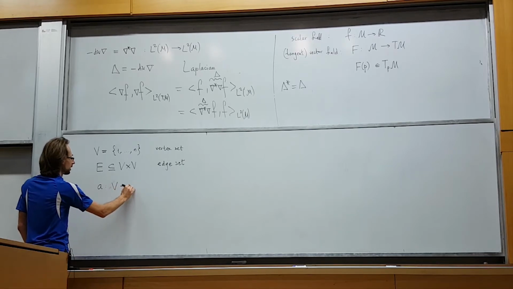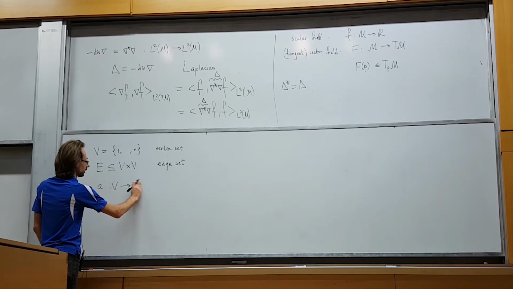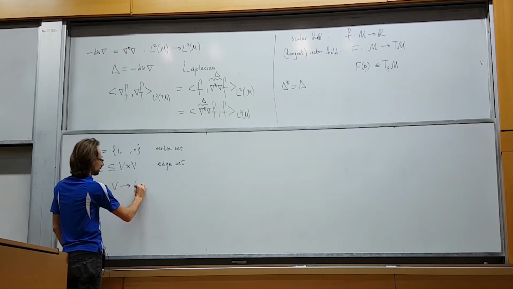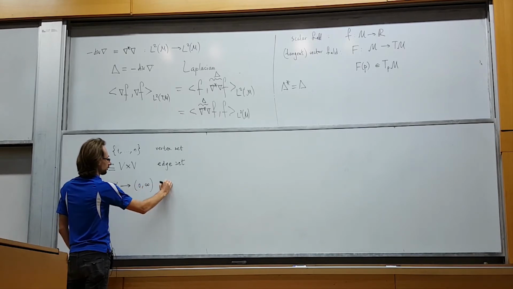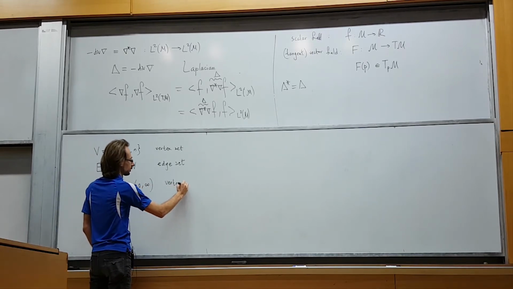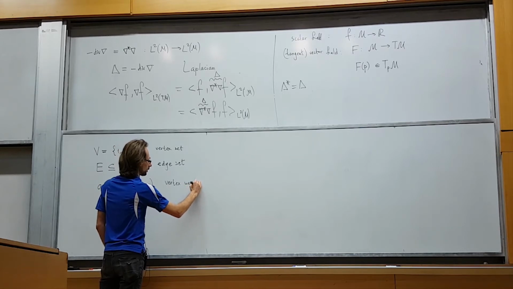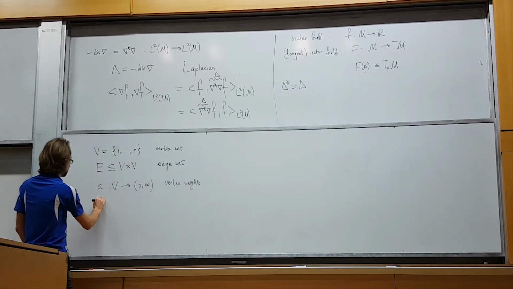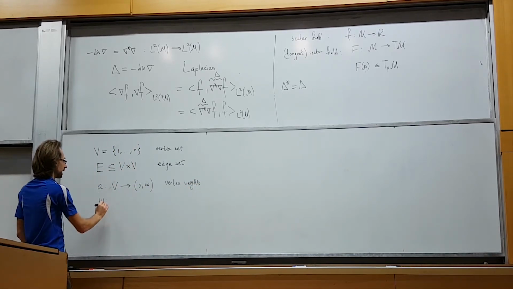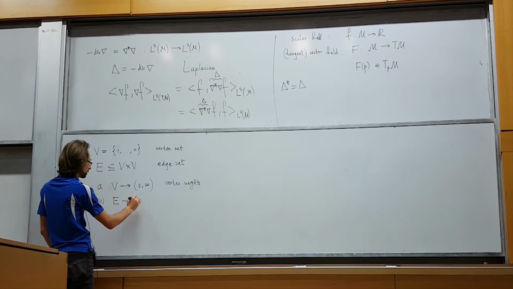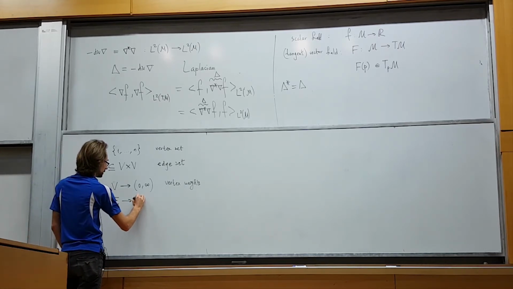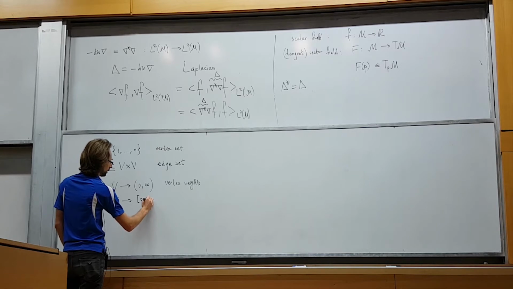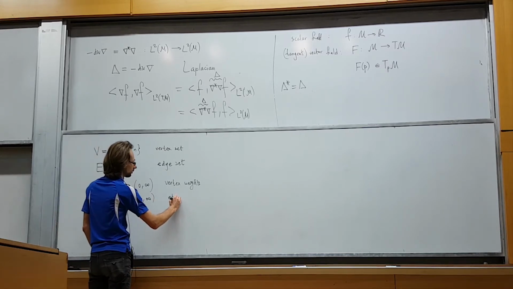I will call it A. Strictly positive weights. And then we have the edge weight function, which will be non-negative edge weights.